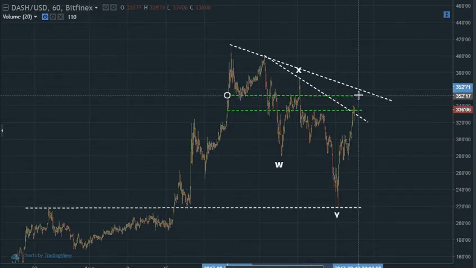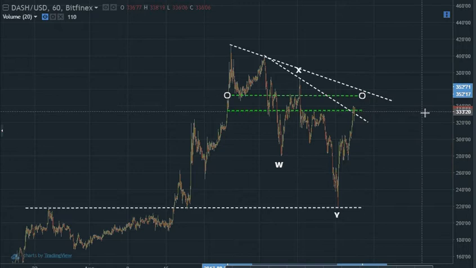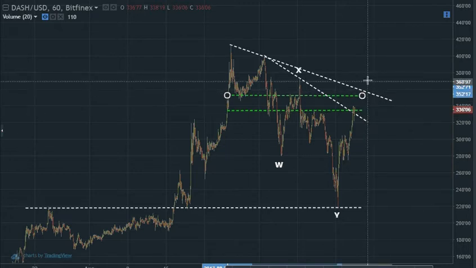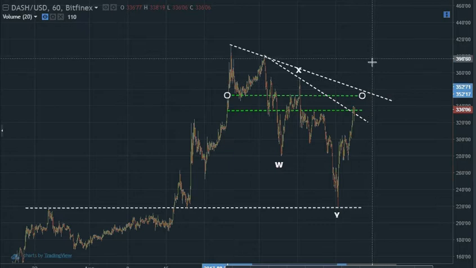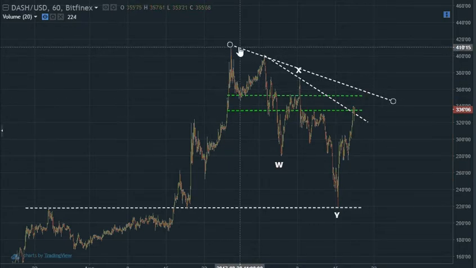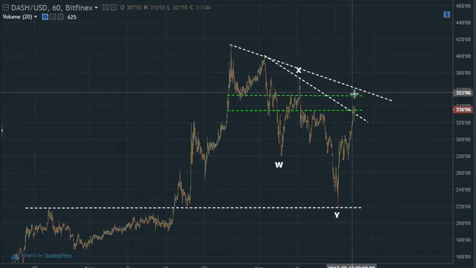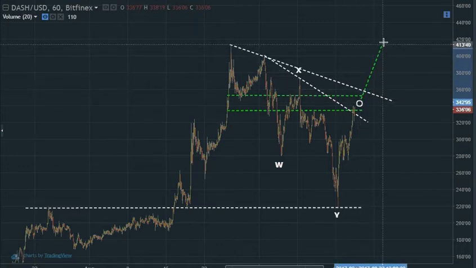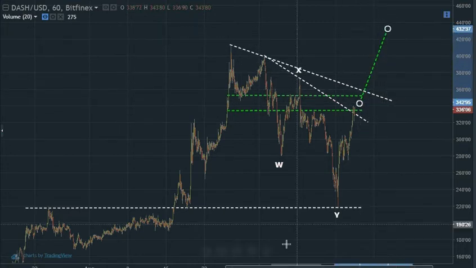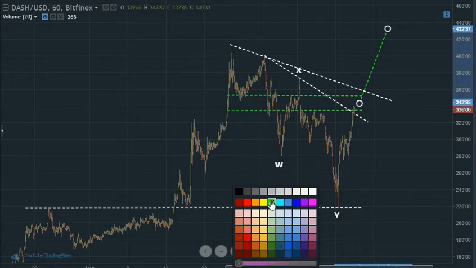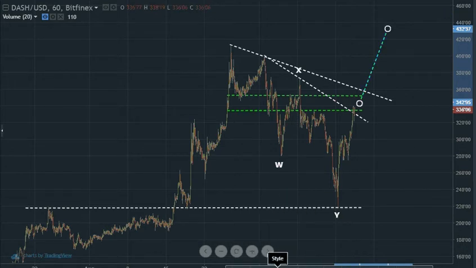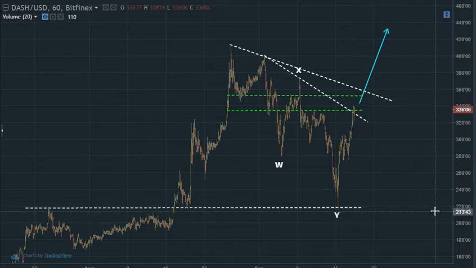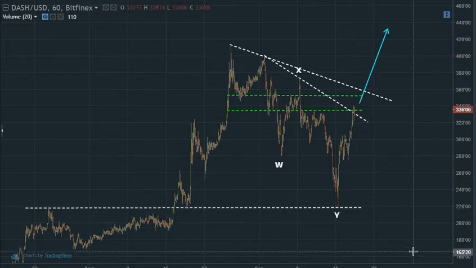It may even bounce off this one. But if it exceeds this line decisively, it would be extremely bullish.